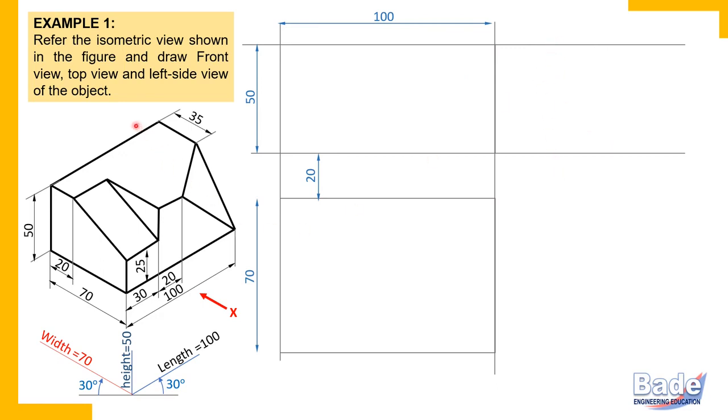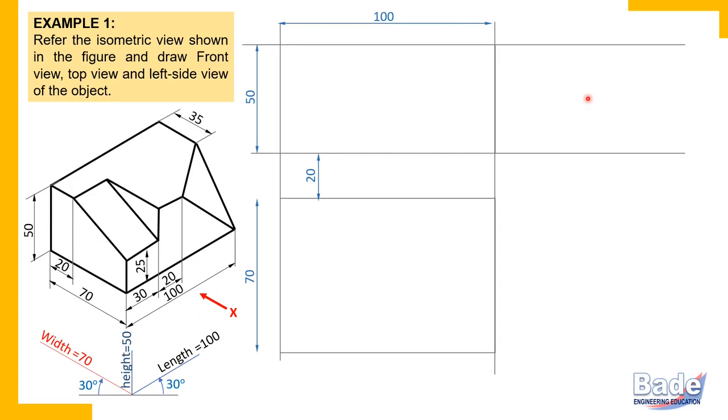You are asked to draw the left side view. The left side view is to be drawn on the right side. Remember, we are using the first angle method of projection, where the left side view is drawn on the right side of the front view. So take care that there is enough space on the right side of the front view to draw the left side view. Now, which two dimensions do you get in the side view?